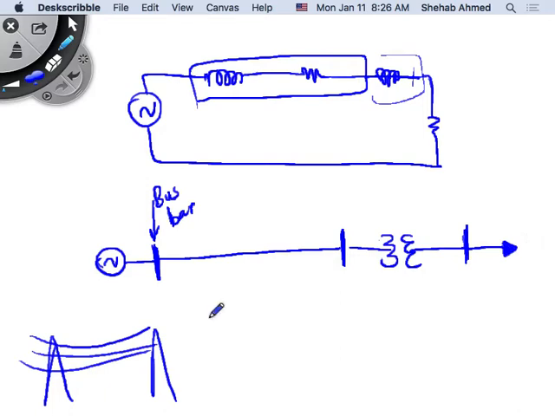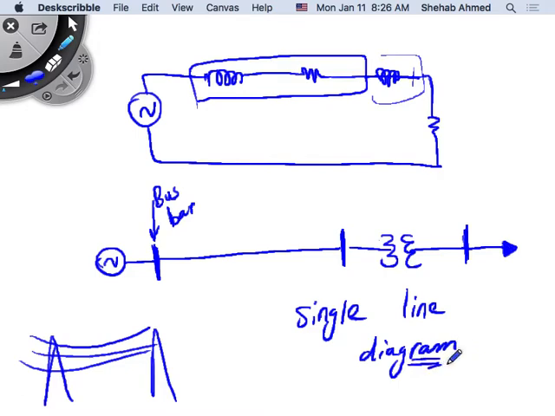So this is a power system single line diagram. This is what it's called in practical power system terminology. And we will take this and figure out how to make it look like this in this course. That's really what the course is about, okay?